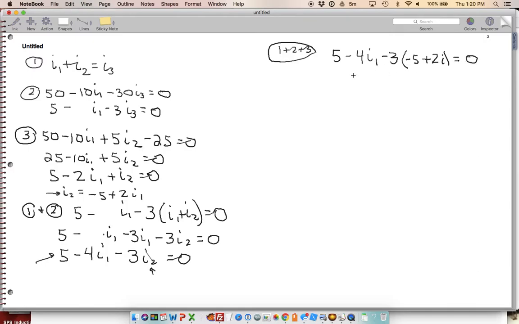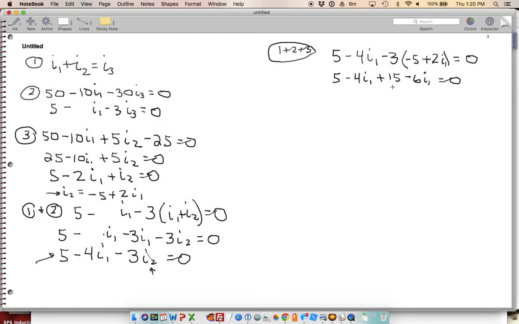So I should get a number for it. If I have here 5 minus 4I1 plus 15, let's make sure my number is right there. Yep, plus 15 minus 6I1, sorry, this is a 1, equals 0.